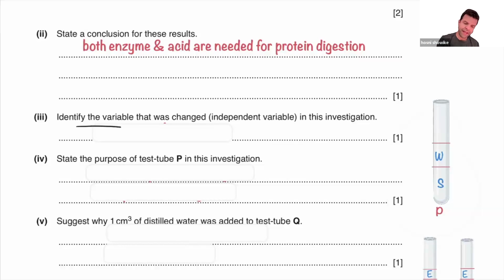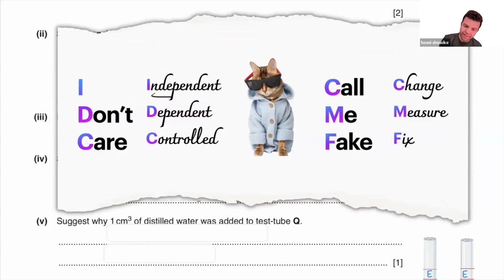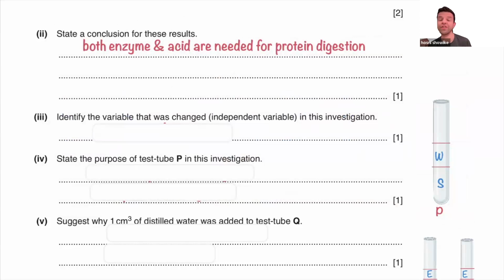Anyways, they said identify the variable that was changed, or the independent variable, in this investigation. Usually, in any investigation, the independent variable is the one I change, all right? The dependent variable is the one I measure, okay? So once again, what did I change in this investigation?